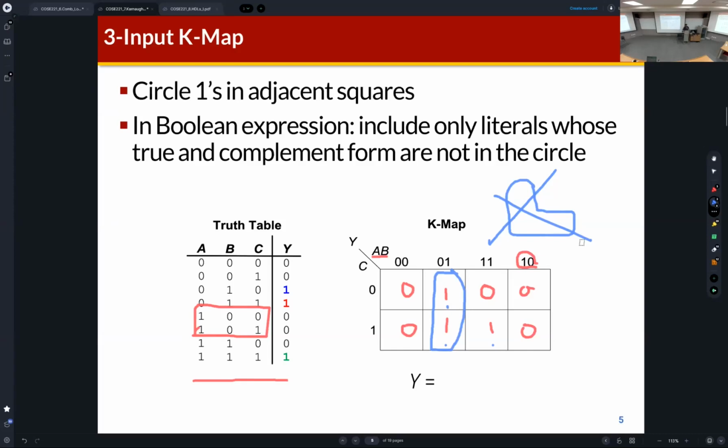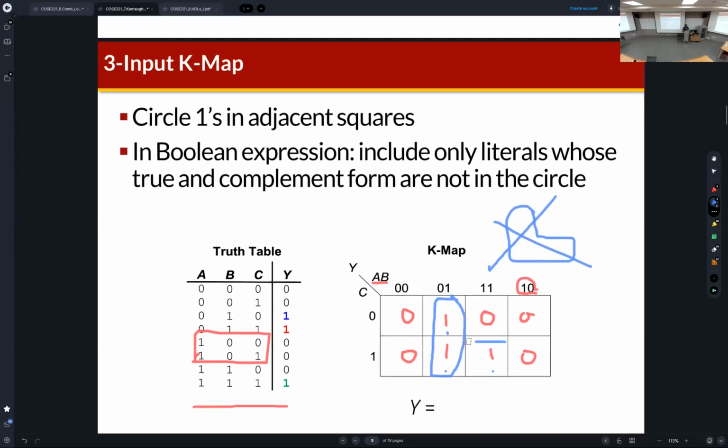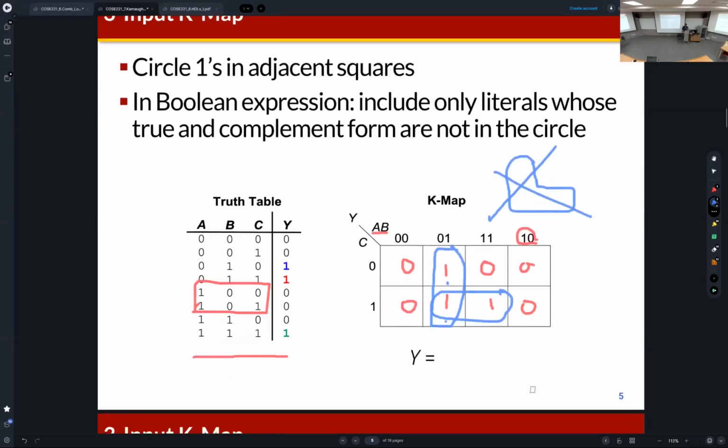In this example, the largest group is this one. Also, we can find another large group. It's here.